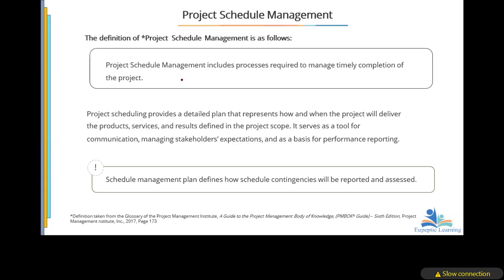How the project schedule is related to the scope of the project. If you remember, you come out with your WBS in the project scope management. Now, the WBS is typically a decomposition or a breakdown of the scope of work involved in the project.